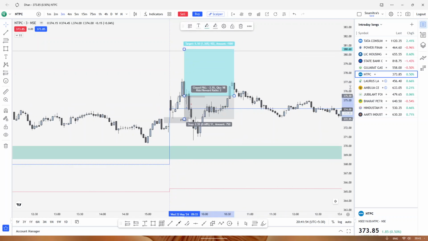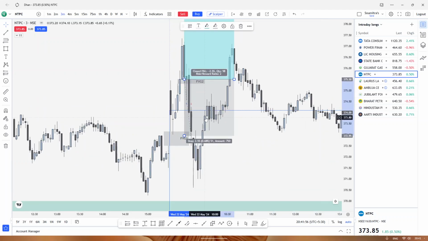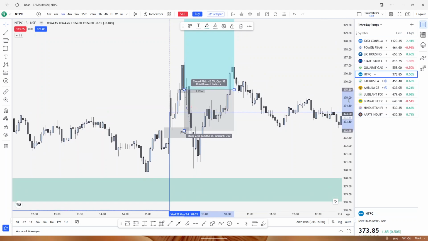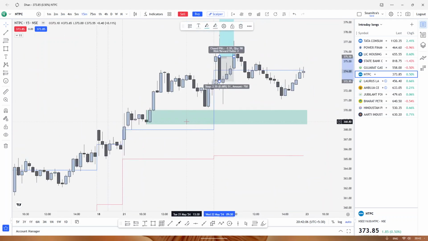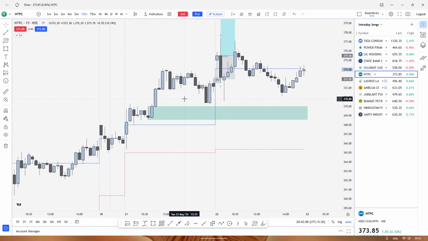But as you can see here, we encountered stop loss. Before that, if you study the previous day situation, this was a 15 minute time frame order block created in the previous day, and price tried to trade in this order block but actually failed to trade.